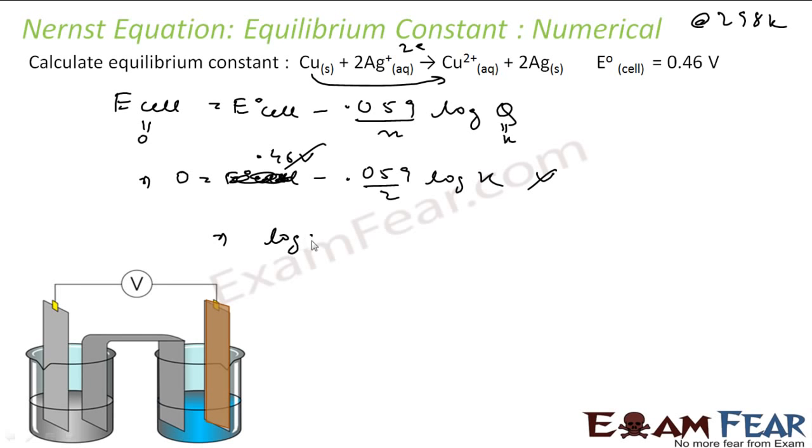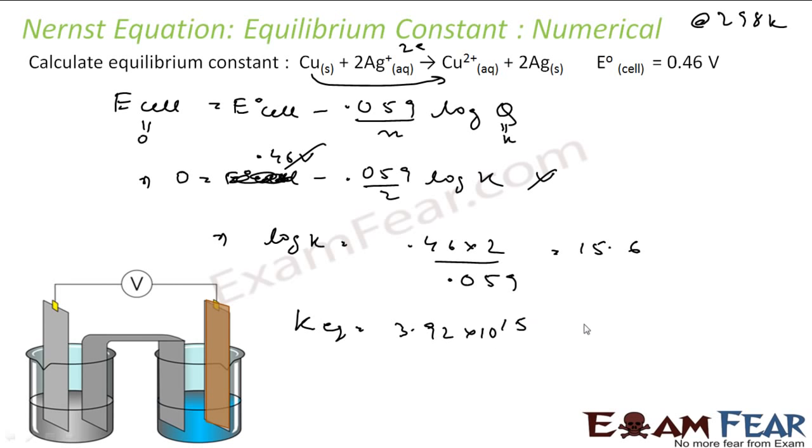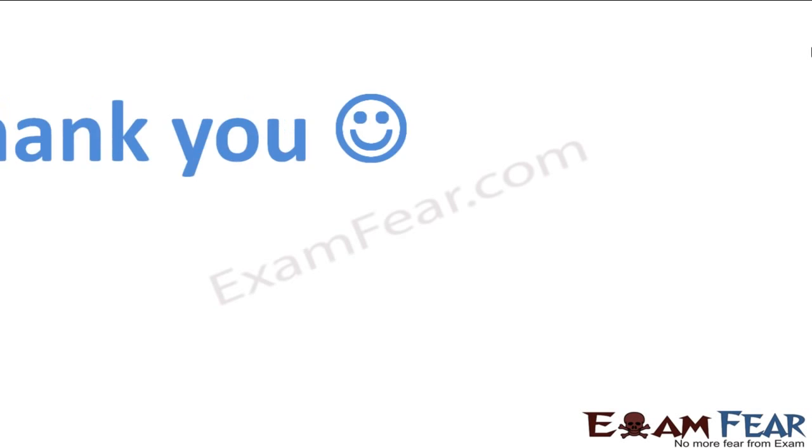If you solve, log of K is nothing but 0.46 into 2 by 0.059, that is 15.6. That means K equilibrium is 3.92 into 10 to the power 15, and that is my answer. Correct. Thank you.